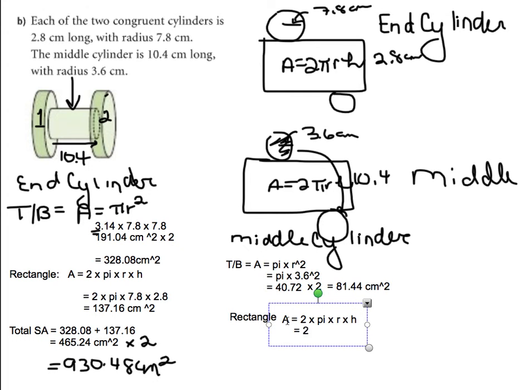So it's equal to 2 times pi times radius 3.6 times the height, which is 10.4. And this time I'm going to use my pi button, so my apologies.